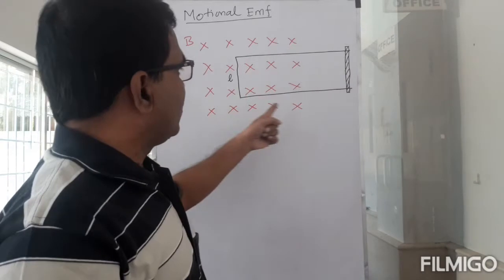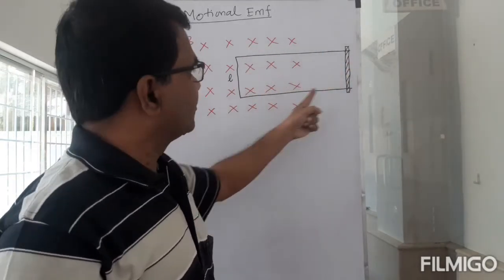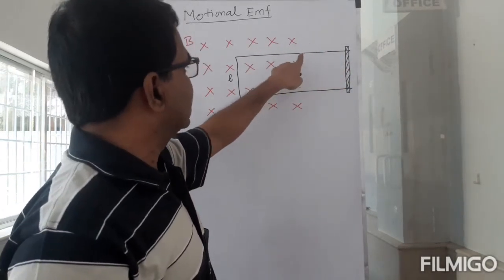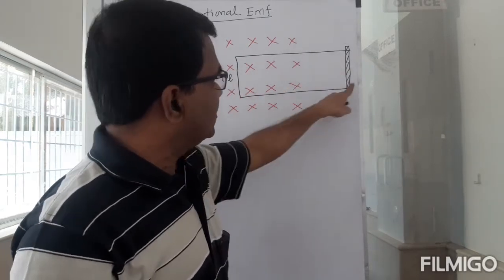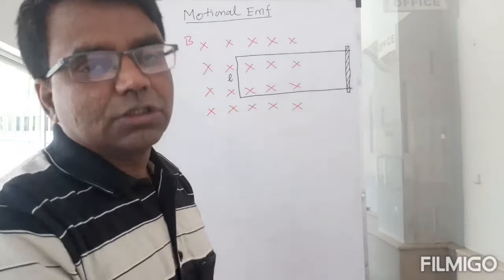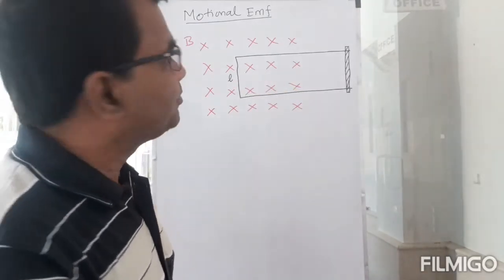Now you can see that it forms a loop. It forms a circuit. This is a conductor, this is a conductor, this is a conductor, and that's also a conductor. Now it forms a rectangular circuit.